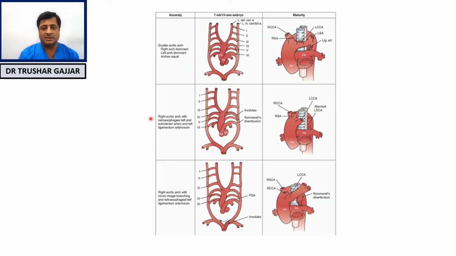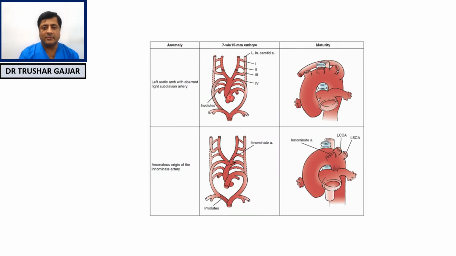So we have seen the various anomalies of the aortic arches, which consist of double aortic arch, the right aortic arch, the right aortic arch with aberrant left subclavian artery, the left aortic arch with aberrant right subclavian artery, and we have seen the anomalies of pulmonary artery in the form of distal ductal origin of pulmonary arteries or the pulmonary sling or the vascular sling.